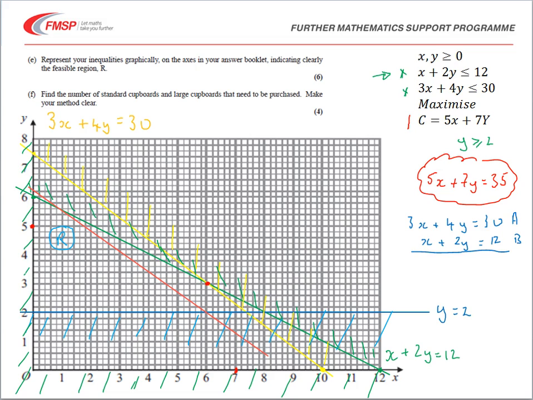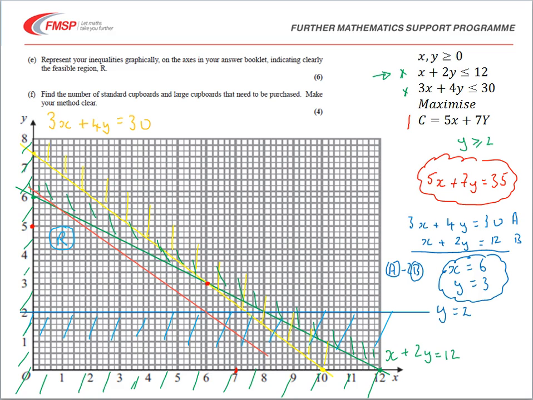If I take equation A and subtract from it 2b, then that gives x is equal to 6. And substituting back in, if x is equal to 6, y is equal to 3. And that gives us our best option.